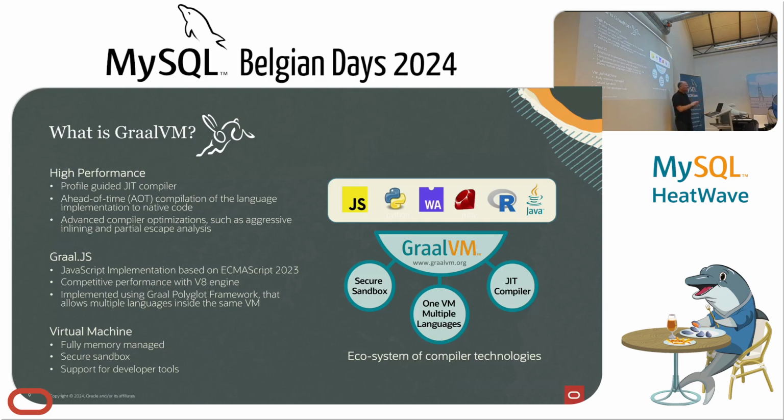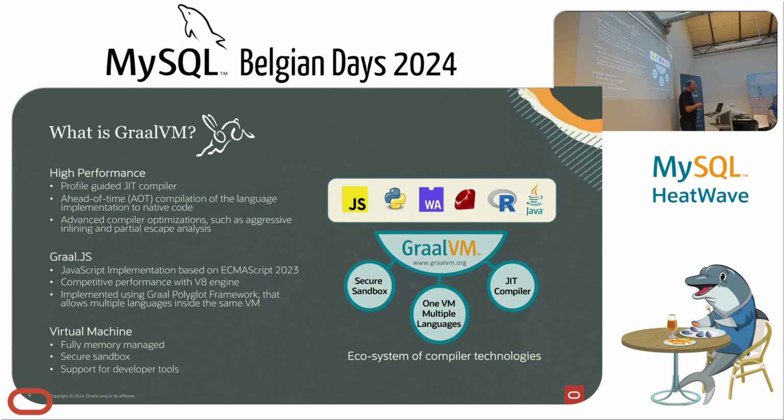So you don't have the overhead of interpreting any bytecode. Also, much of the JavaScript implementation is compiled ahead of time, so you get efficient execution. And GraalVM also has a lot of optimizations that make it fast.